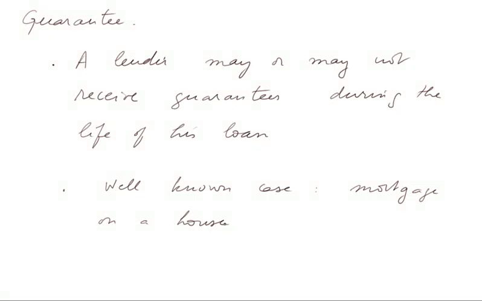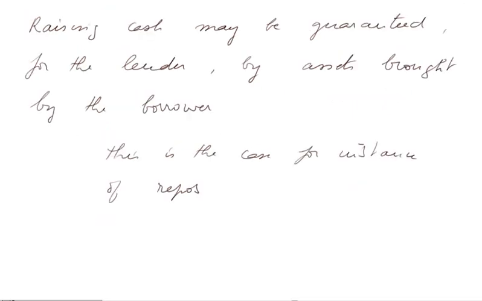And in case the borrower defaults on the loan, there will be procedures at the end of which eventually you could become the actual owner of the house. Raising cash may be guaranteed for the lender also by assets brought by the borrower. There are plenty of cases. This is the case in particular of a type of financial product called repos.